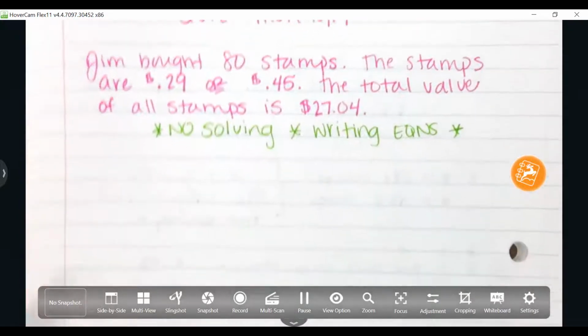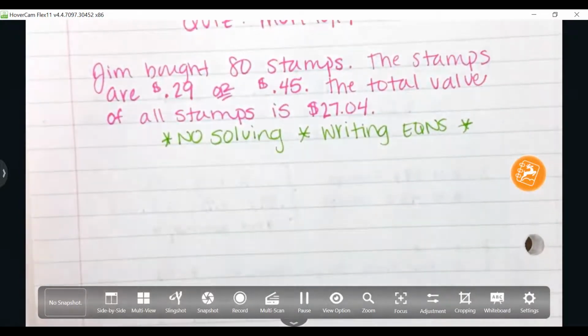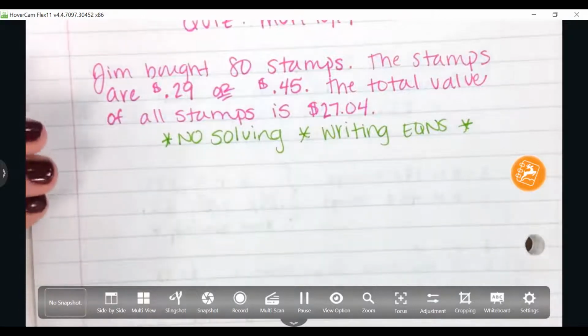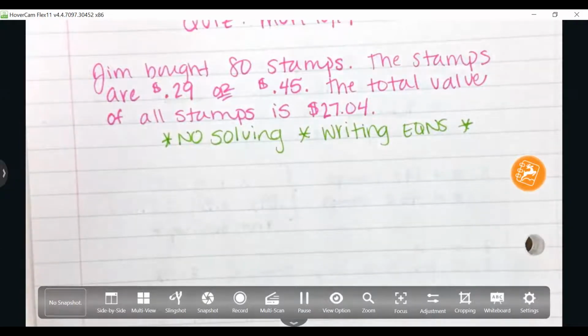So the very first thing you have to know is how many unknowns are there. So in the example we did a minute ago, there were 3 unknowns. I had an ice cream, a cupcake, and a donut. So in this problem, how many items are there? There are 2 items. What are my 2 items? What kind of stamps? Well, they're not called big and small.